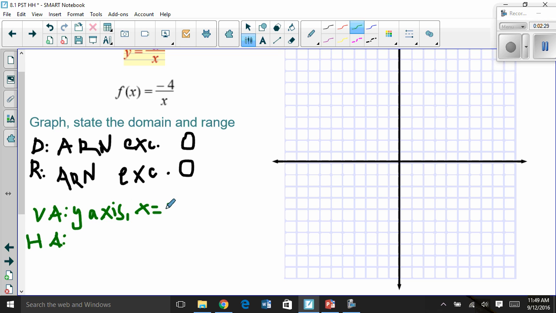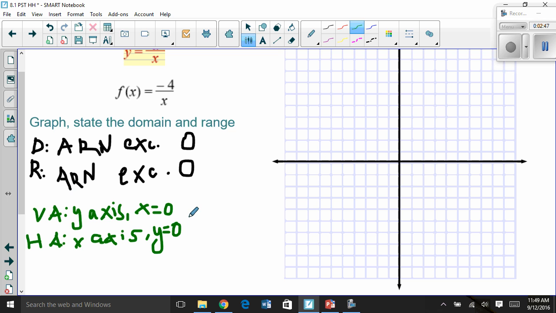If you didn't know, it is the same thing: x equals 0 and the y-axis is the same thing. The horizontal asymptote will be the x-axis, or y equals 0. Those are again the same thing.